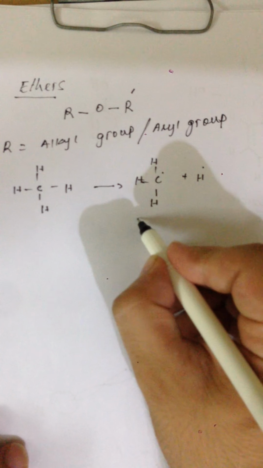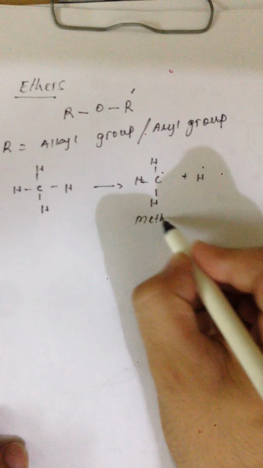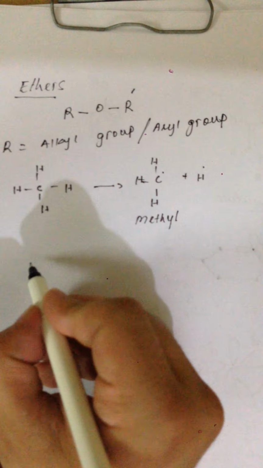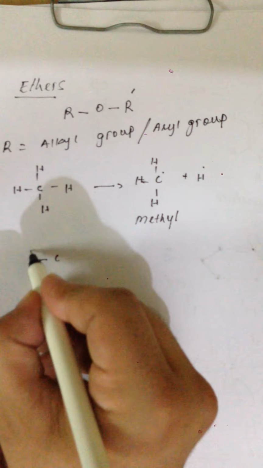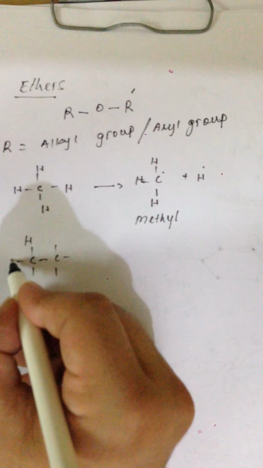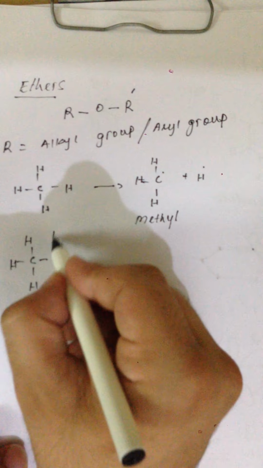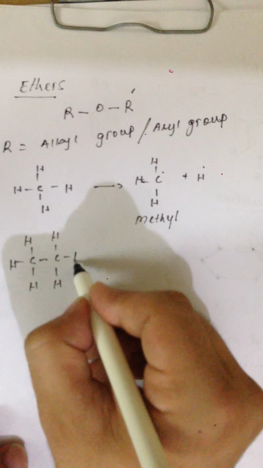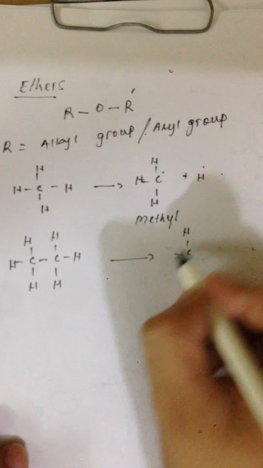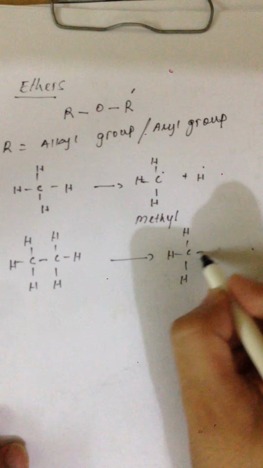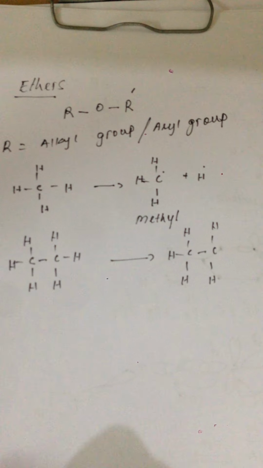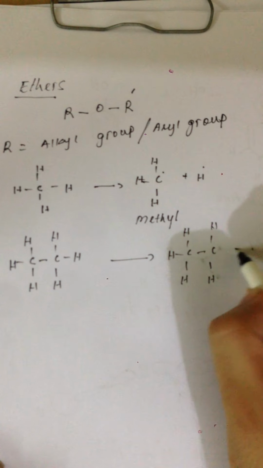This is called methyl radical. If you remove a hydrogen atom from ethane, you will get this. An ethyl radical.